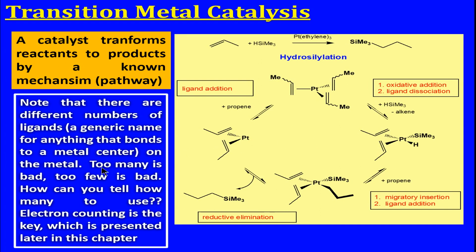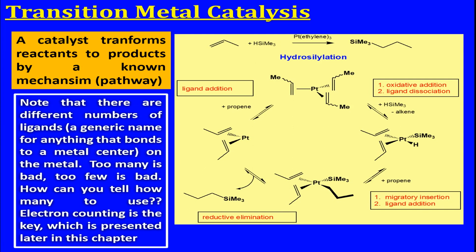So if we have too many ligands, HSi-methyl-3 or alkene could not be added to the structure of the catalyst because the catalyst has too many ligands and we have steric effect. So this is not good.